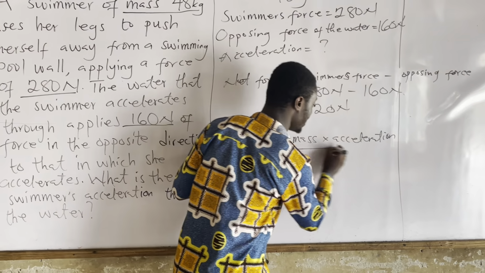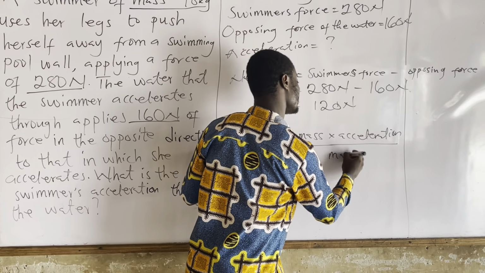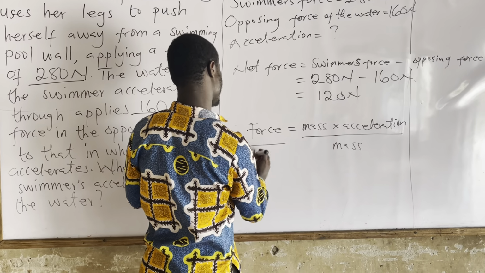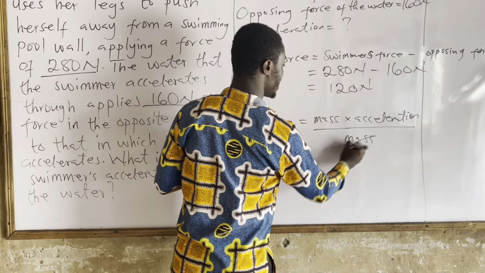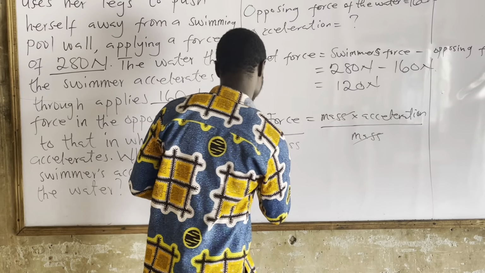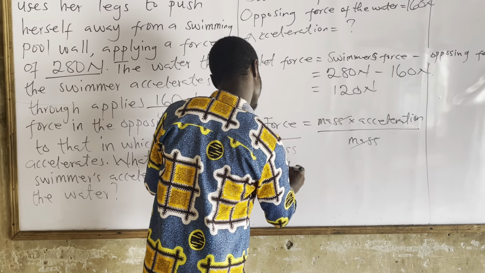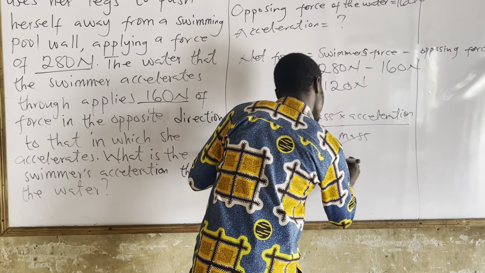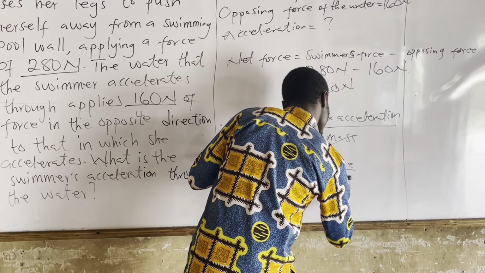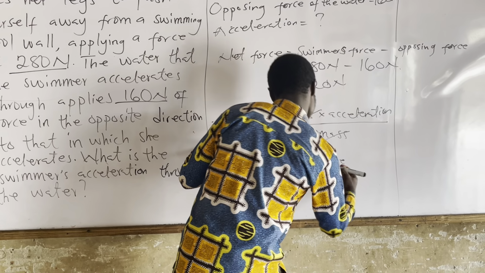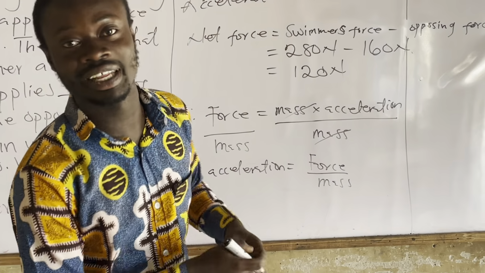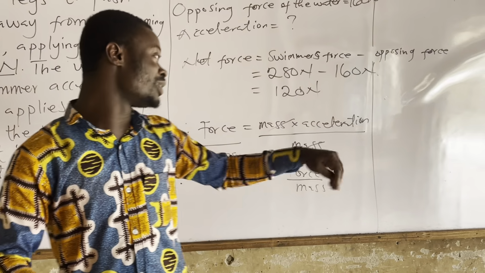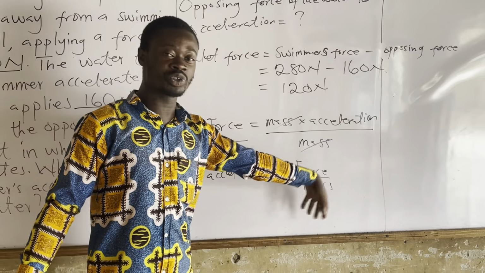We divide both sides by mass. Therefore, mass cancels mass, and we get acceleration equal to force over mass. So this is the formula we can use to calculate the acceleration of the swimmer through the water. Acceleration equals force over mass.